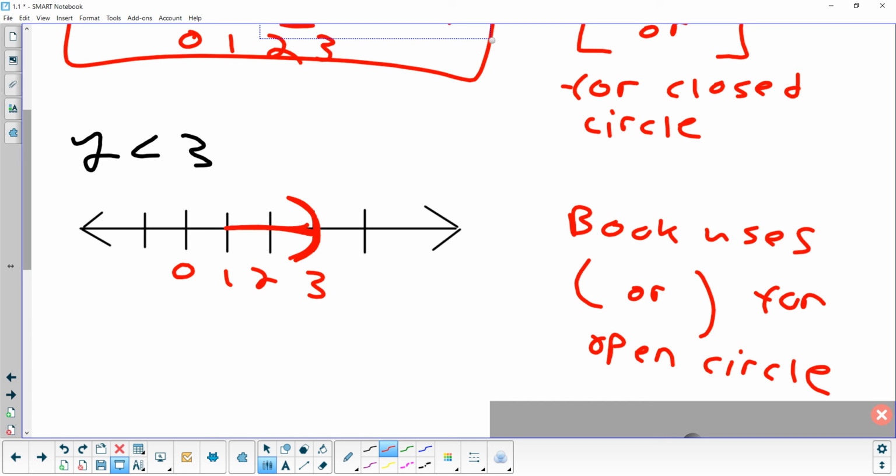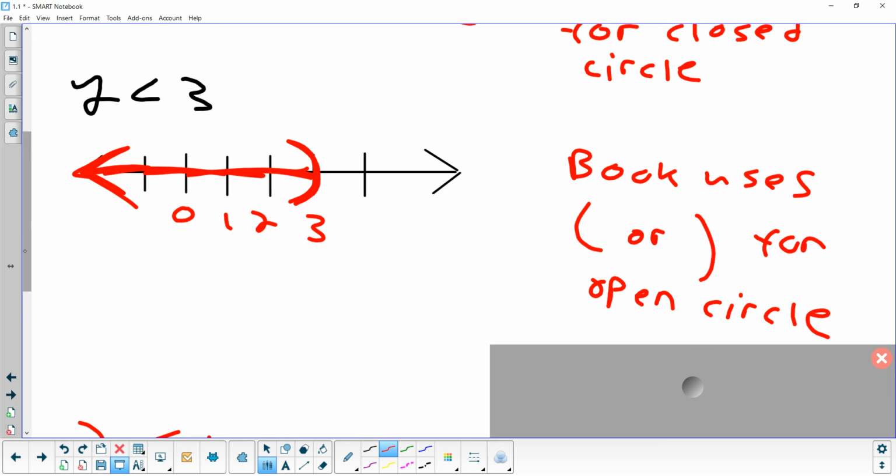Parenthesis on 3. Shade left. And there you go. Any question on the bracket and parenthesis? That might be new. I'm guessing a lot of people didn't know that. But I think that's probably the only new thing you'll see today.